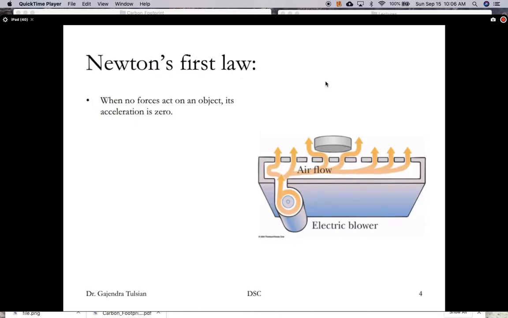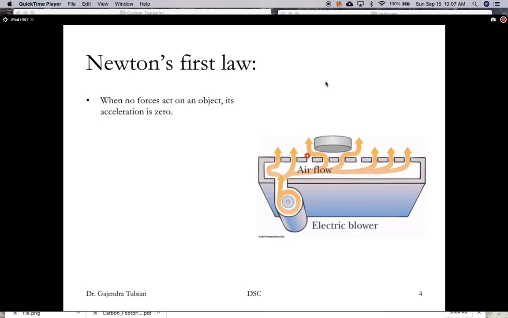All right, so let's look at Newton's first law. This was actually discovered by Galileo, but we call it Newton's first law. Imagine an air hockey table, and you've all seen this. You get a flow of air, and so the puck is sitting on a bed of air, on a layer of air. That minimizes friction, and that's the whole idea.